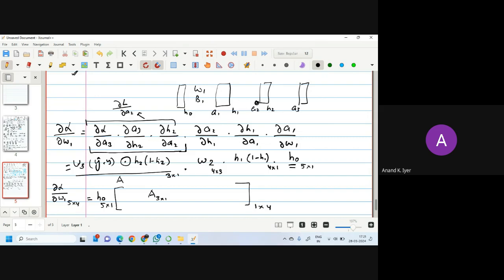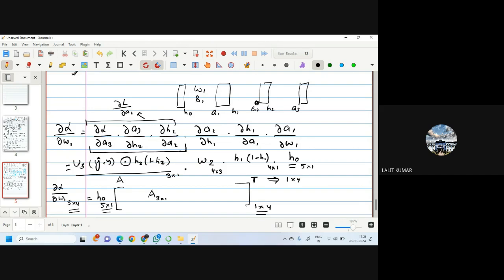When I multiply 5 into 1 by 1 into 4, then only I will get 5 into 4. So the resulting bracket term should have 1 into 4. If I do the transpose of 4 into 1, this will give me 1 into 4. So I need this multiplication to be 4 into 1.